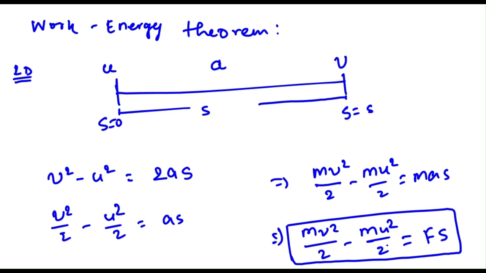So if we observe these two things, on the left side and on the right side: on the left side, we can see something changing which is related to motion, and this is equal to something, force into displacement. On the left hand side it's a motion related thing, and on the right hand side there is force involved, and with this force there is also displacement.